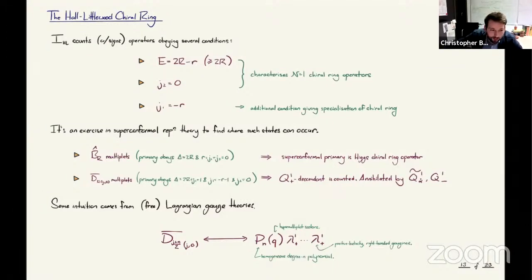So it might not be totally obvious that you should choose this specific subset of elementary fields in your Lagrangian theory to build a preferred substructure in your operator algebra, but this is what we're being told.